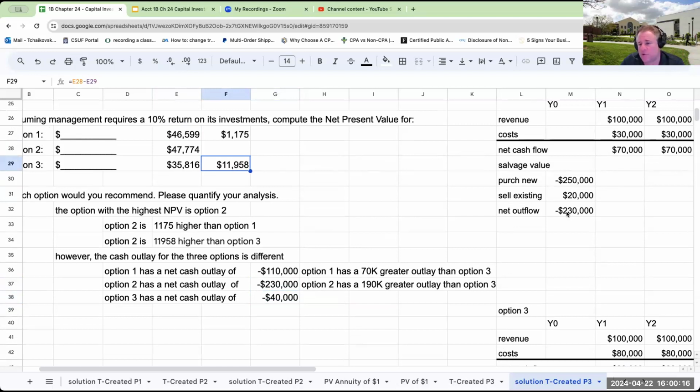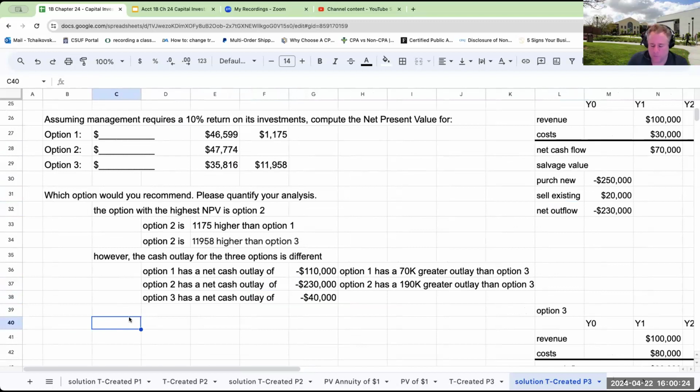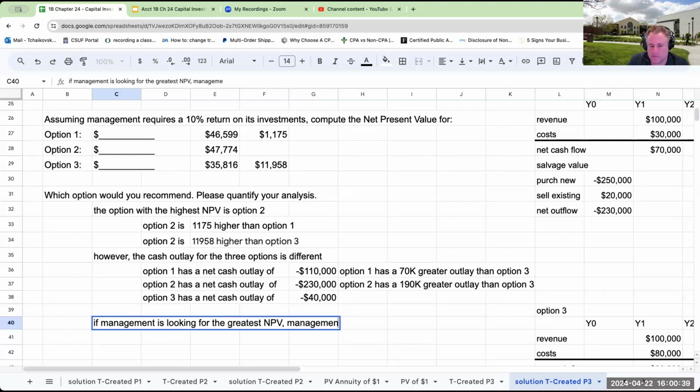So when you're looking at these options, you have to look at everything. Now, could we go through and finance it? Sure, but that's really just kind of the same thing as leasing. So what would we say to management? Well, if management is looking for the greatest net present value, management would choose option two.